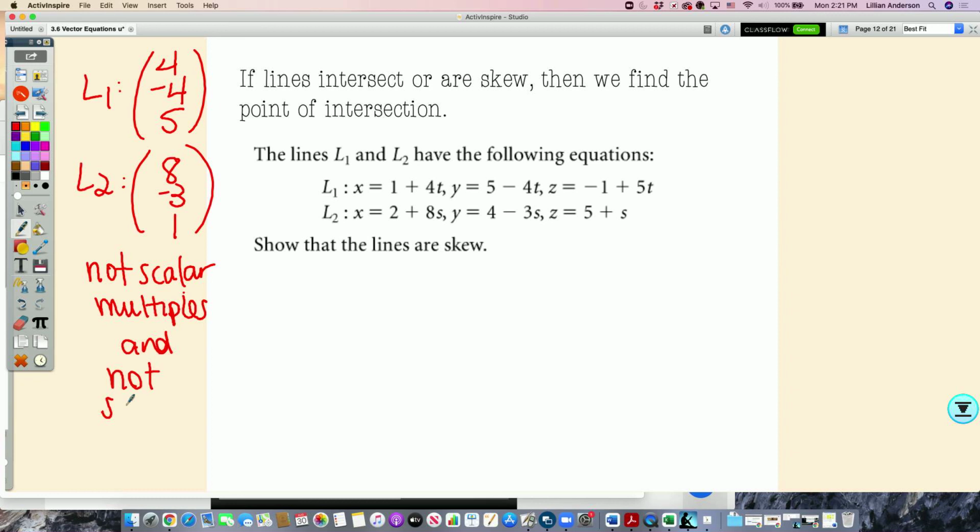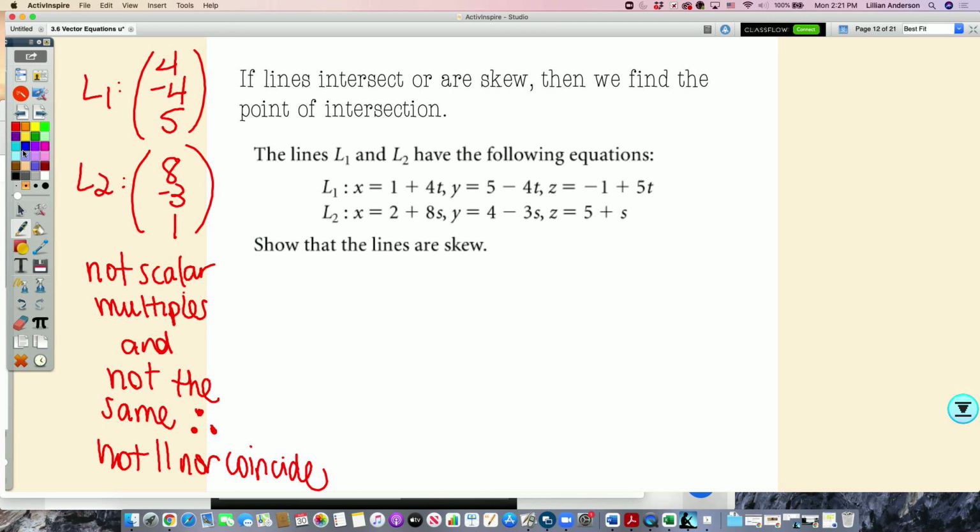Because they're not the same. Therefore, they're not parallel, nor do they coincide. So the last thing we have to do is to check to see if they intersect, okay?